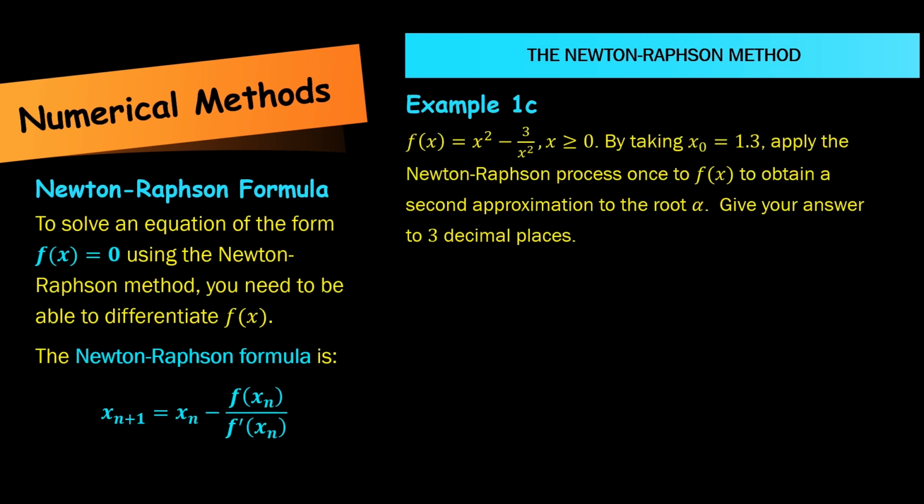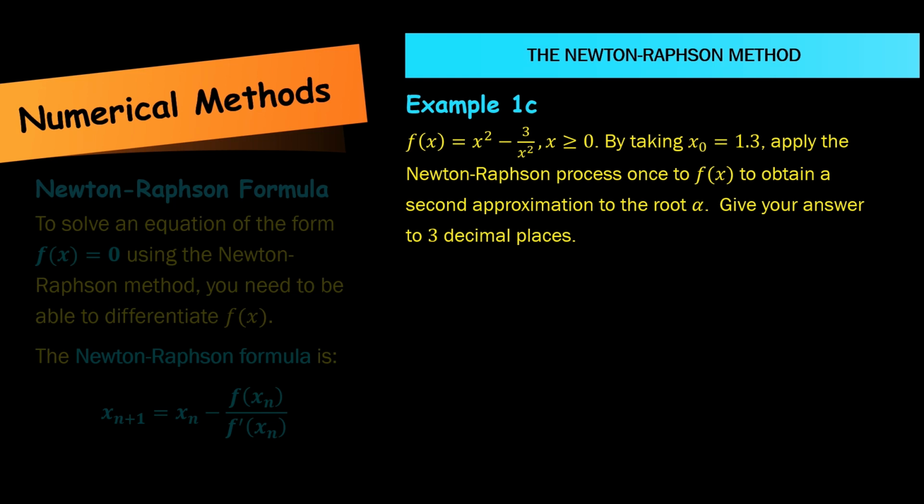Now let's take a look at part C. We are considering again the same function. By taking x naught equals 1.3, apply the Newton-Raphson process once to f of x to obtain a second approximation to the root alpha. Give your answer to 3 decimal places. So let's solve this.